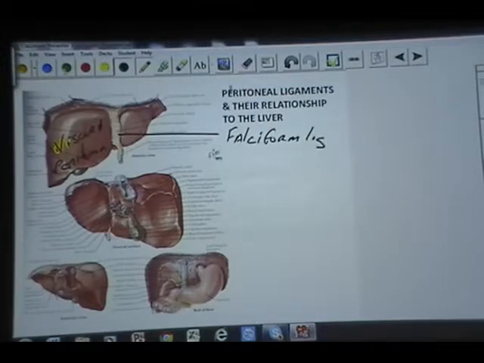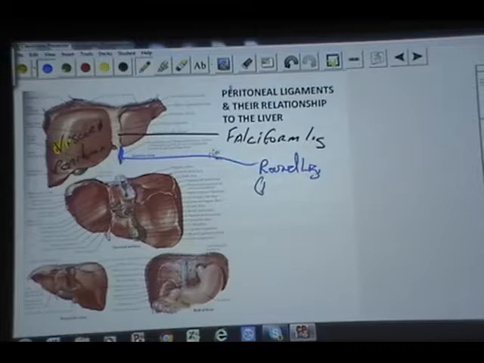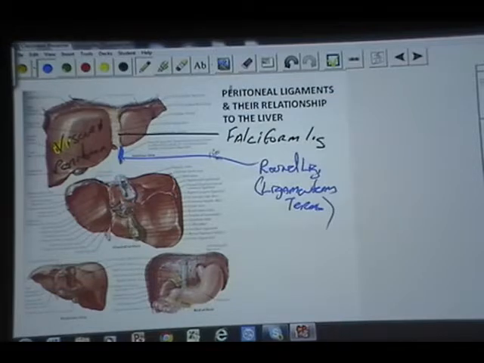Down here, we have this remnant of the umbilical vein from embryonic or fetal life. This is the round ligament, or ligamentum teres. So these are ligaments that are associated with the surface.